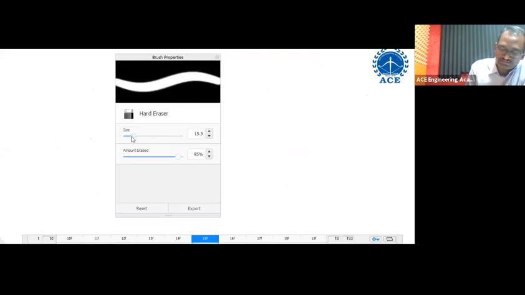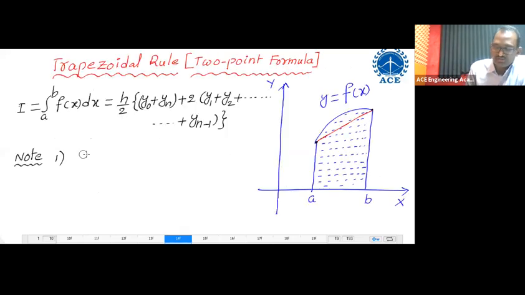Write that. In the examination, you will be asked, what is the fitting curve in the trapezoidal rule? The fitting curve in the trapezoidal rule is a straight line.